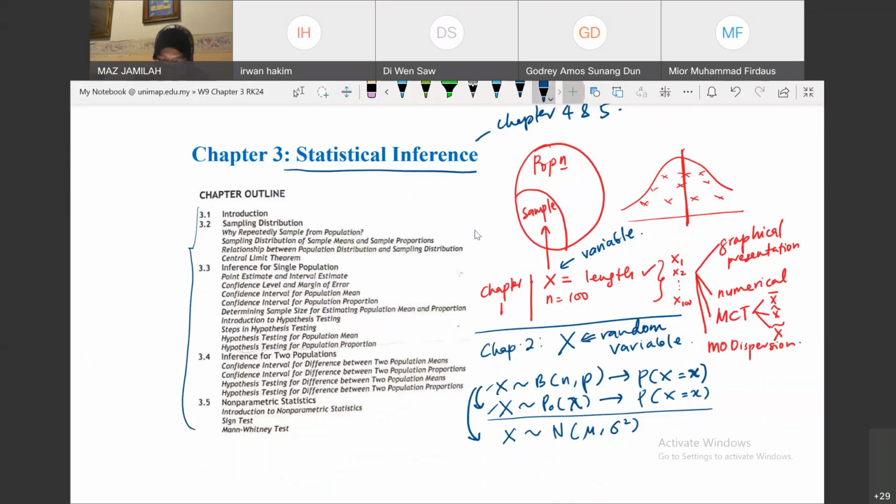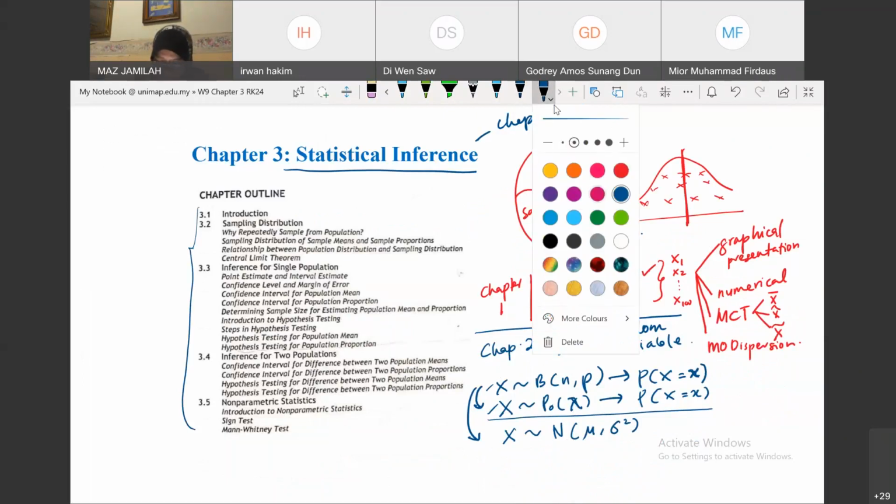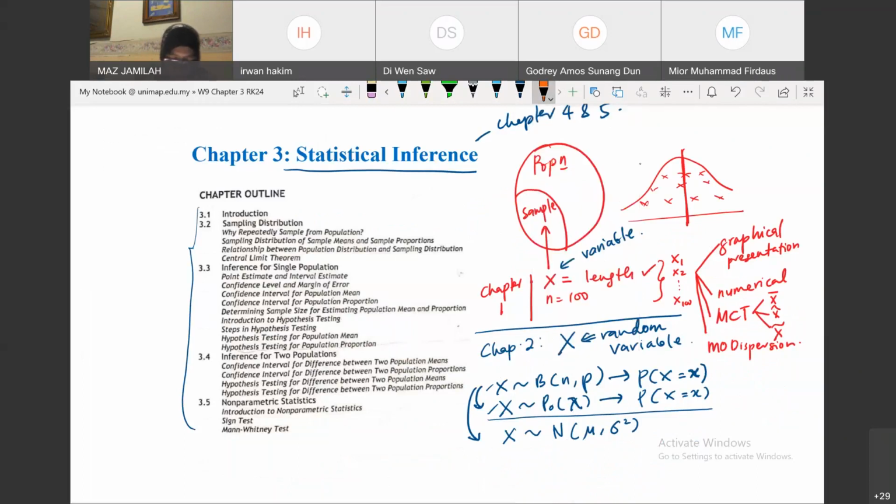Basically, we are going to cover some introduction and sampling distribution. Sampling distribution is the fundamental understanding of how statistical inference is all about.